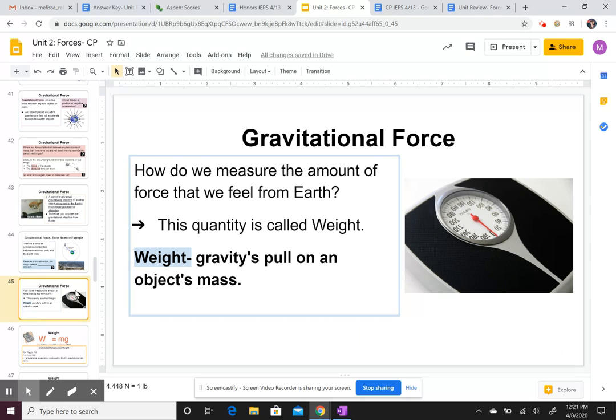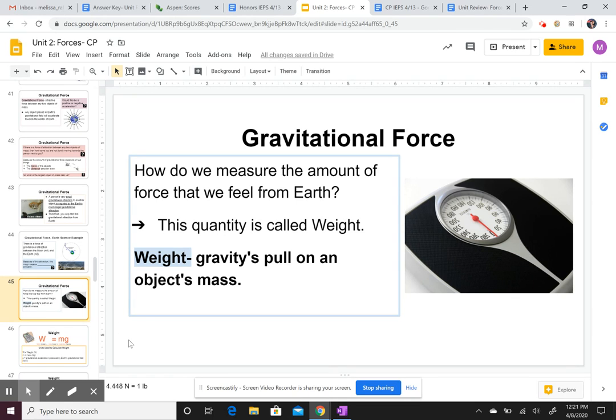The name for the gravitational force that's exerted on any object on Earth or on any planet or moon is called weight. In our normal everyday lives, we measure weight in pounds using a scale, but the metric way to measure weight is with newtons.